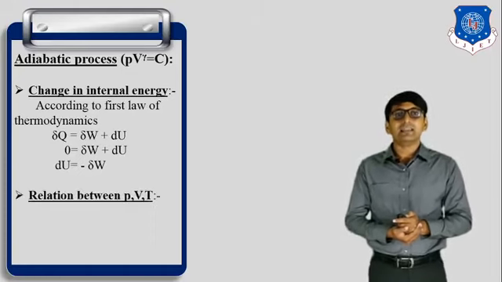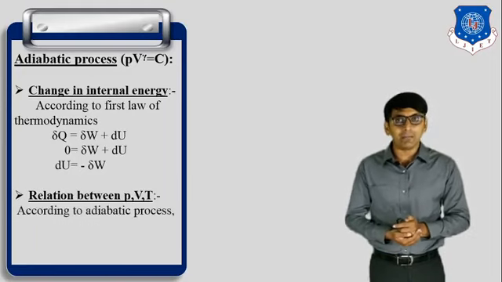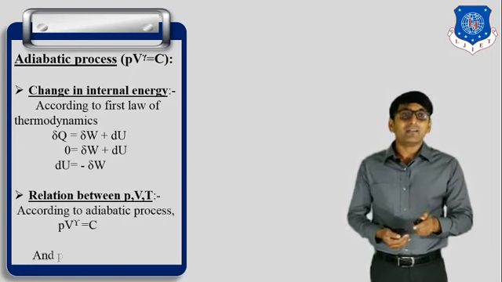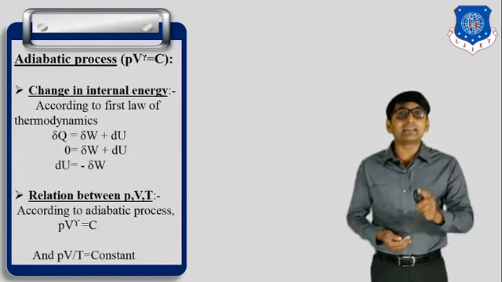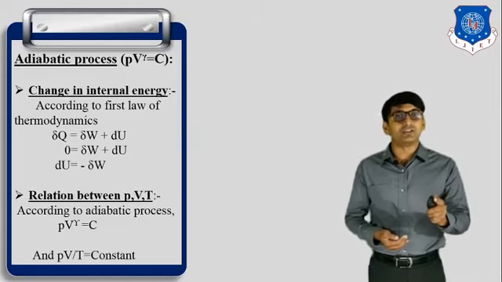And the last one, the relation between P, V and T. According to the adiabatic process, PV raised to gamma is equal to C, and according to the characteristic gas equation, PV by T is equal to a constant.